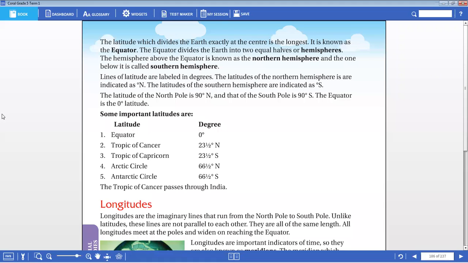Northern hemisphere. Southern hemisphere.